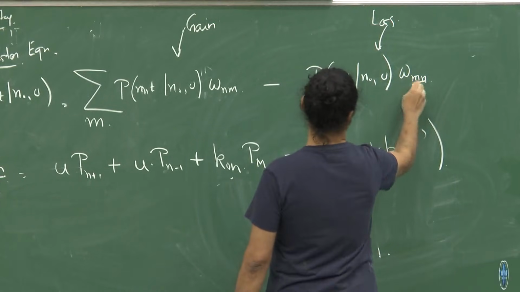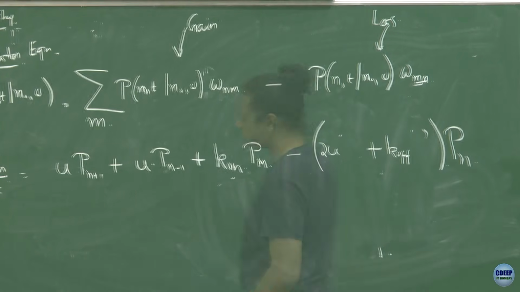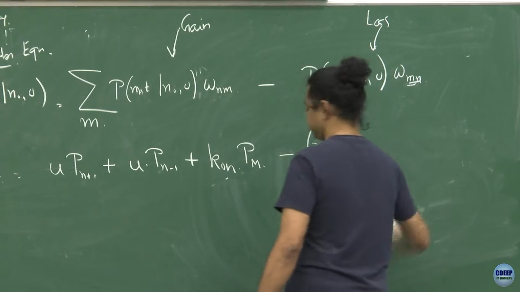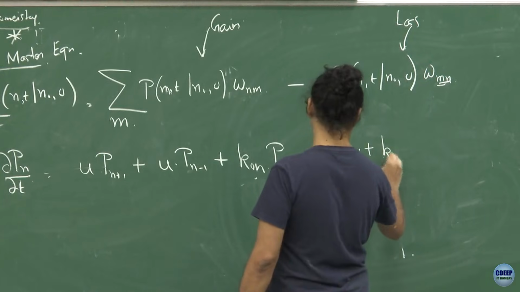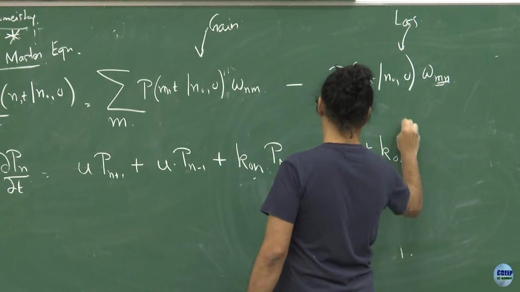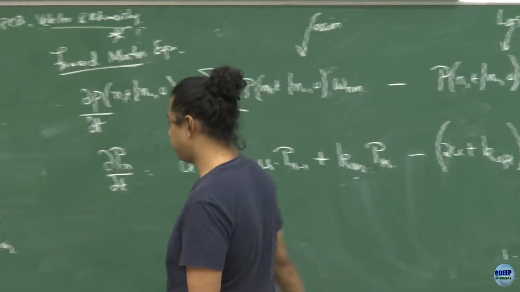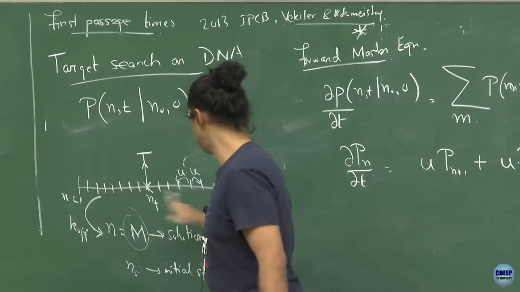What varies is in the rate, so it is P n. Is that correct? All right. This is my forward master equation, minus 2u plus k off times P n. This is true of course for all sites between 2 and L minus 1.